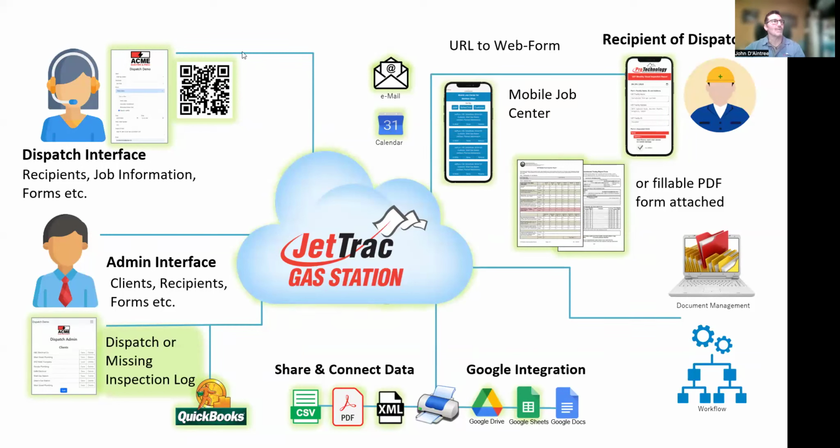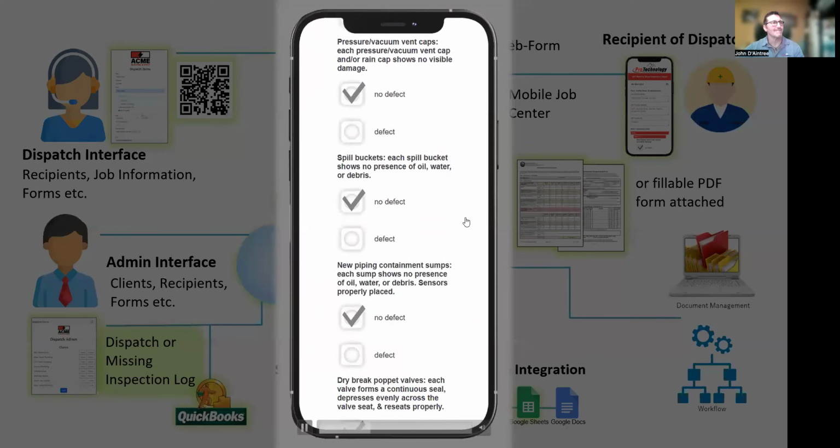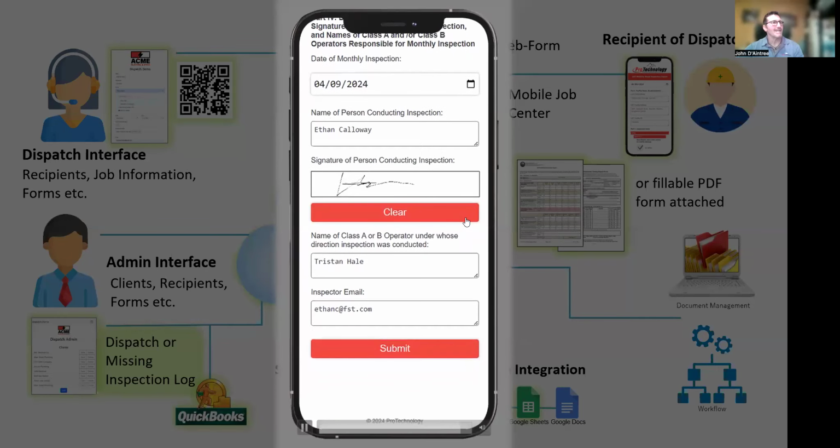As I was saying, once you either scan the QR code or do the dispatch, JetTrac pre-populates all the information we know for that particular store, from the QR code or from what you picked in the dispatch. In the field, you just open it, go through it very quickly on the phone and hit submit.